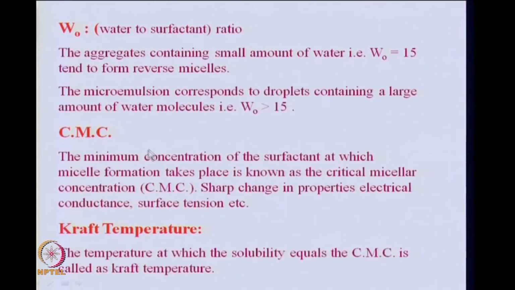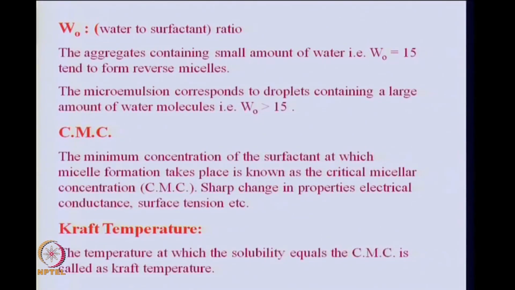Now, you have another term called the CMC, which is called the critical micellar concentration, and this is the minimum concentration of the surfactant at which the aggregation of surfactants to a micellar structure will take place, and that is called the CMC or critical micellar concentration. For different systems, the CMC is different.